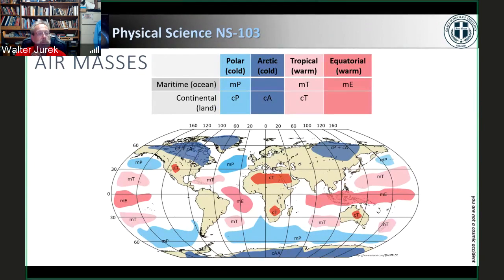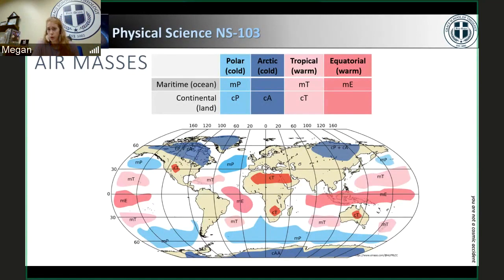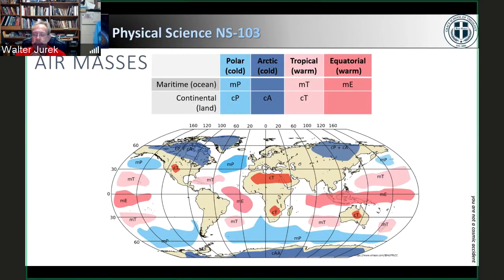Professor? Yes, ma'am. Why isn't there a continental equatorial shown at all? Who's the guy that made this map? Got lazy, I think. There would be a continental equatorial, for example, over the northern part of South America.